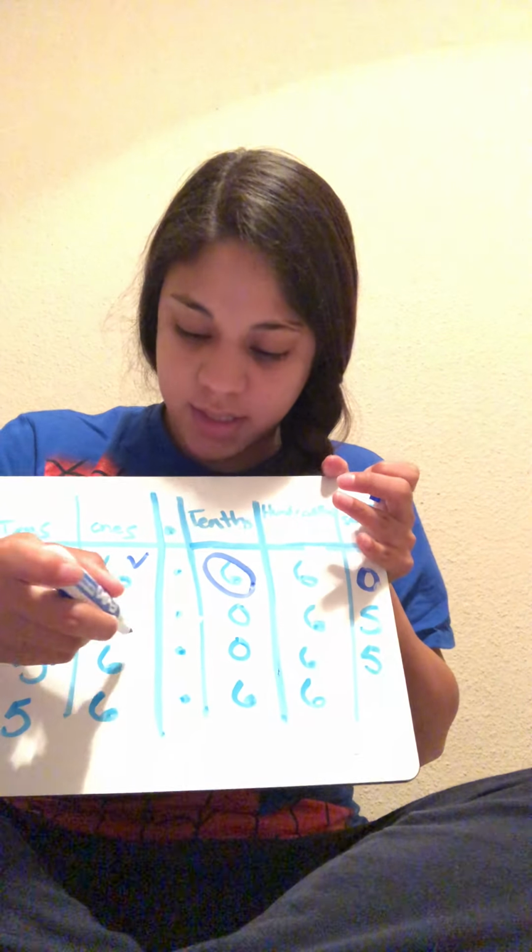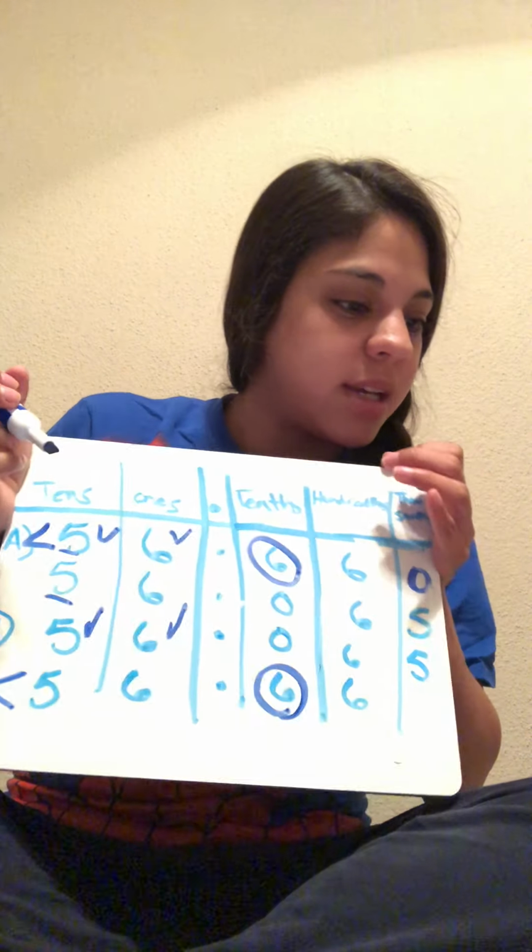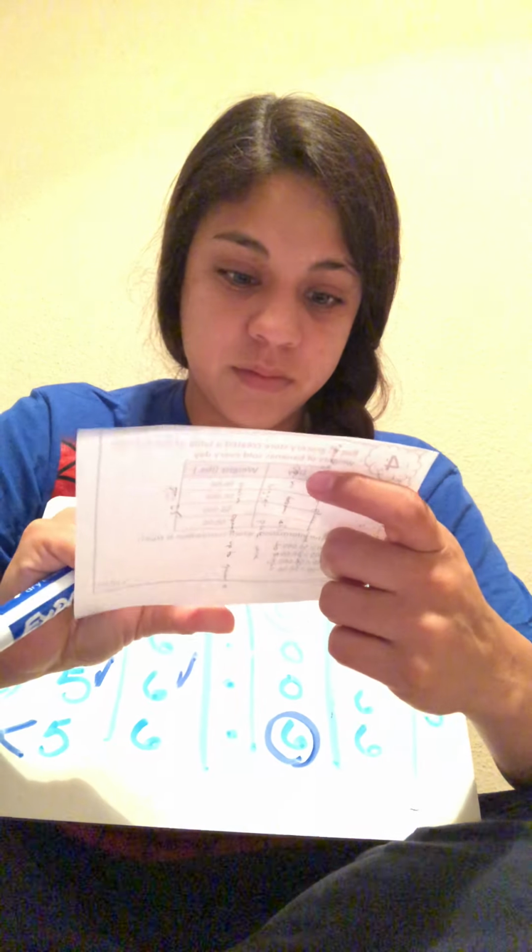They're all 5s. These are both 6s. Then I have a 0 and a 6. Who's bigger? Of course, my 6. So then the mouth of the alligator should be open towards the second number. Is it? It is not. Again, it is not. So then I'll move on to C.